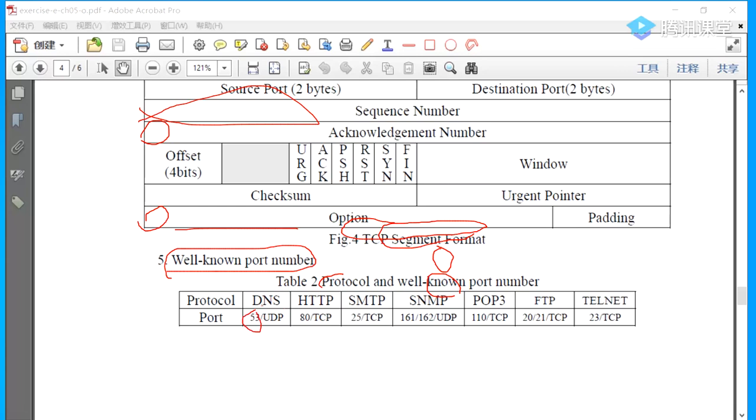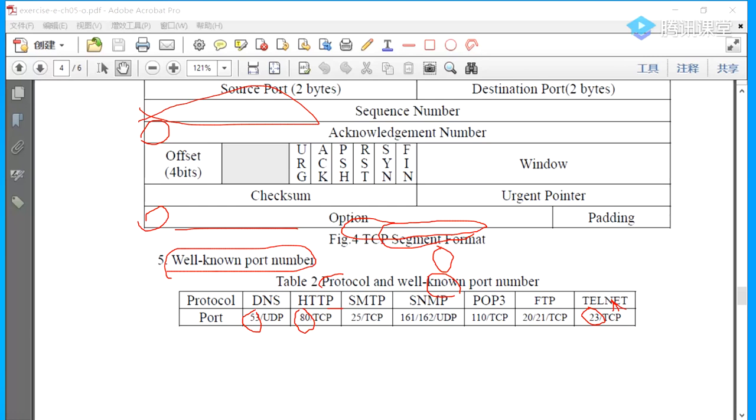53 corresponds to DNS. 80 corresponds to the HTTP protocol. 23 corresponds to Telnet.